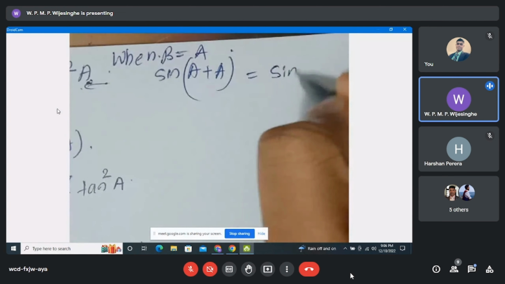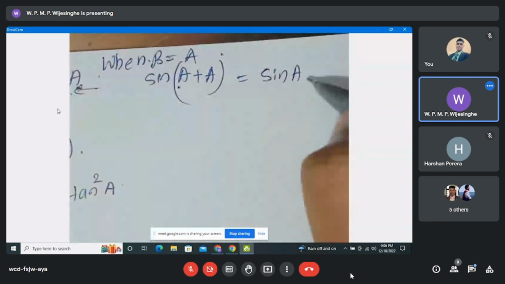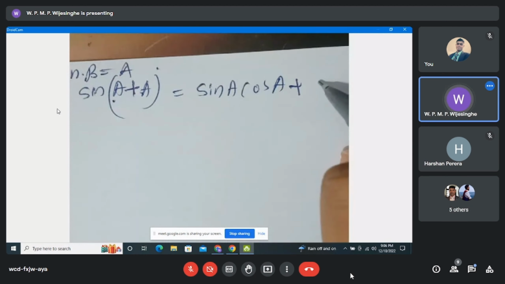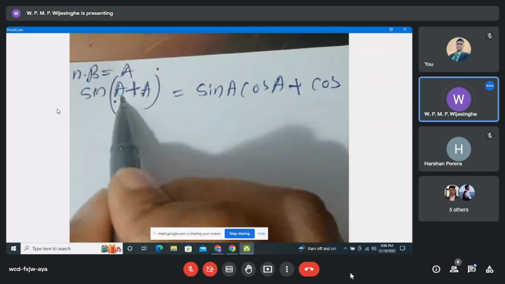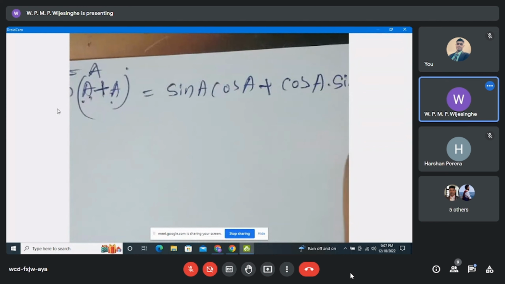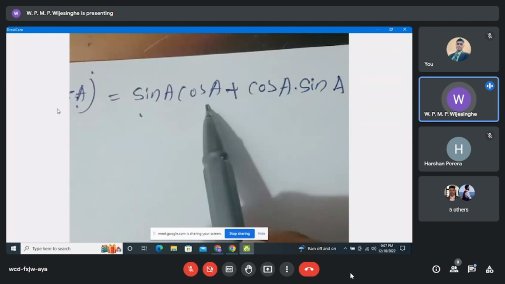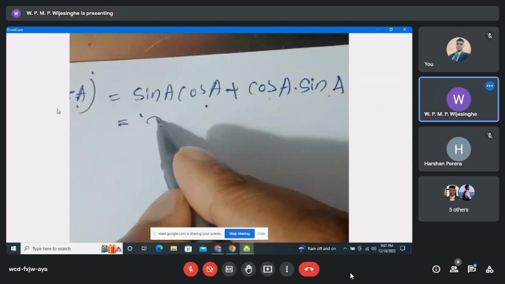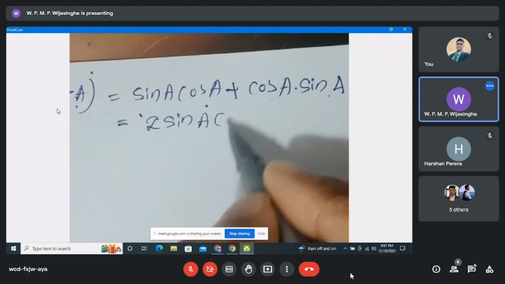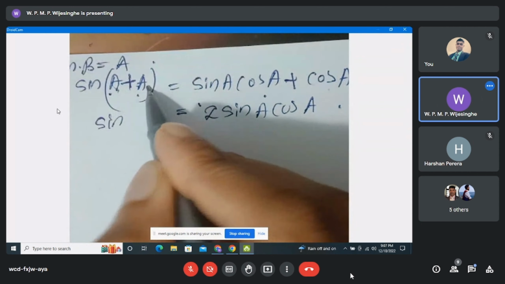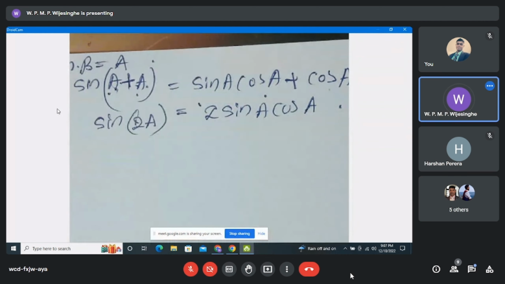First one, sin A cos A, here it is positive, here also positive. Then next one, cos, first angle is A, second is also A, then it is sin A. You can see that here sin A cos A, sin A cos A, both are the same, right? Then you can write this as 2 sin A cos A. Here sin of A plus A means 2A, right?